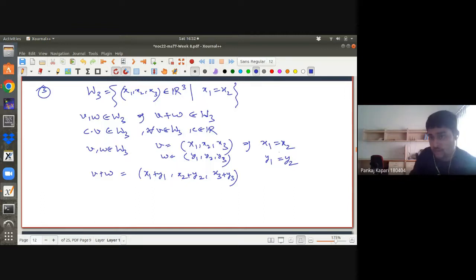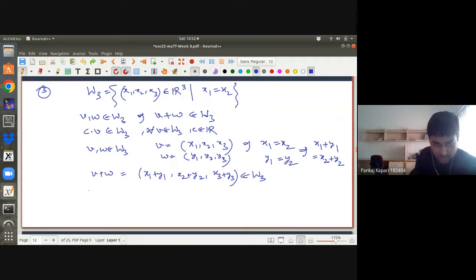Since these two equations hold, x1 plus y1 must be equal to x2 plus y2, and therefore this belongs to W3 because the first entry is equal to the second entry. Now we have to check scalar multiplication.